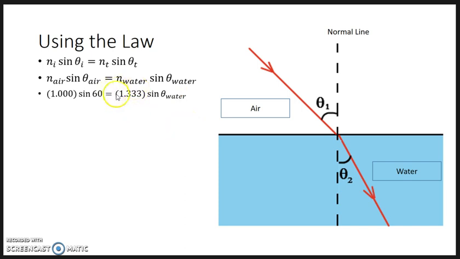So once we have this, we can move the 1.333 onto the other side. Since it is a constant multiplier, we can move it onto the other side through division. So when we move that over, we're left with sine of the angle in water. Now, getting rid of sine is not like getting rid of a constant multiplier like how we did here.